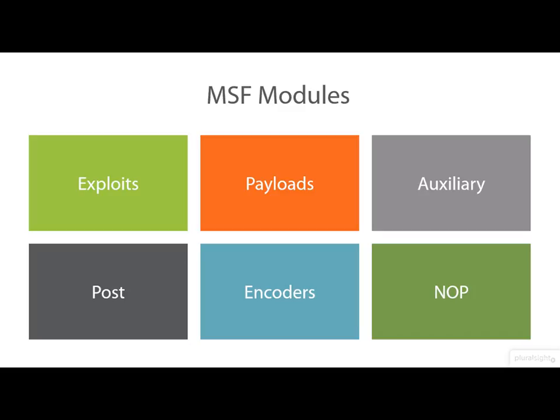Encoders are used to bypass antivirus defenses. These modules encode the payload so that it cannot be detected using signature matching techniques. Finally, the no operations modules are used to facilitate buffer overflows during attacks.